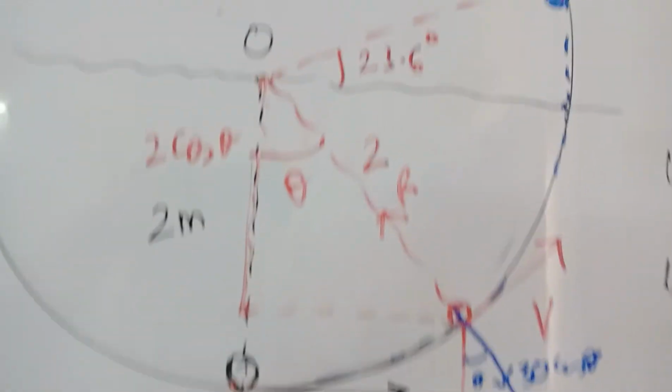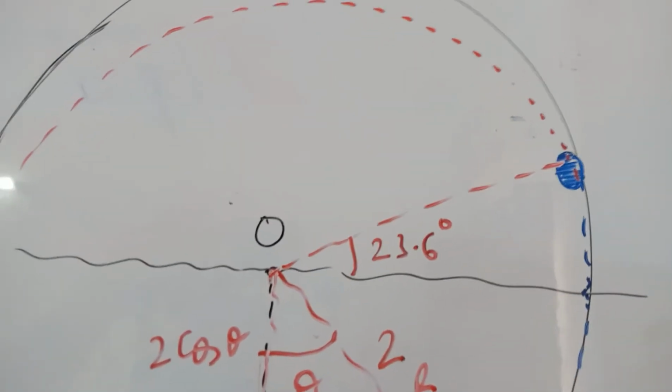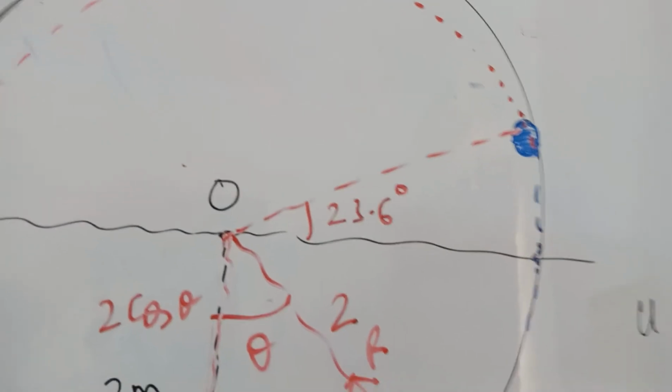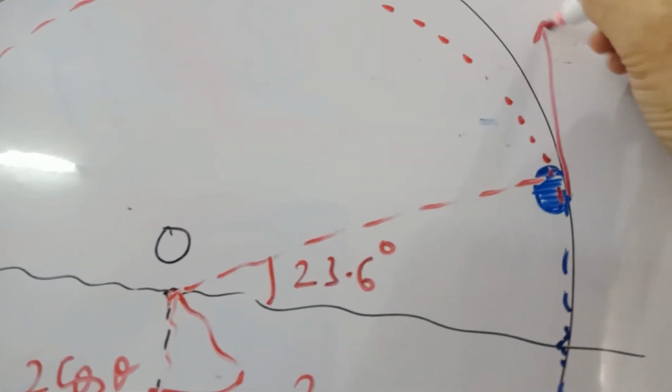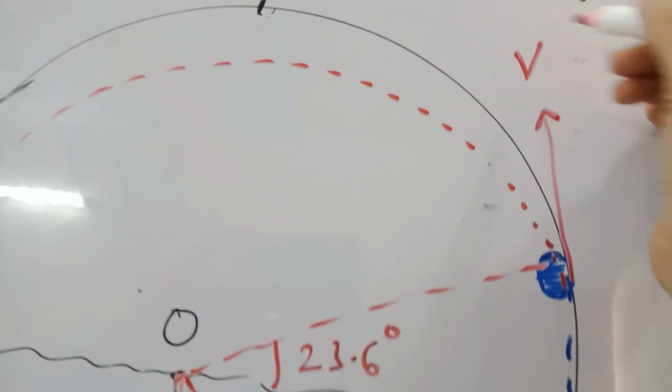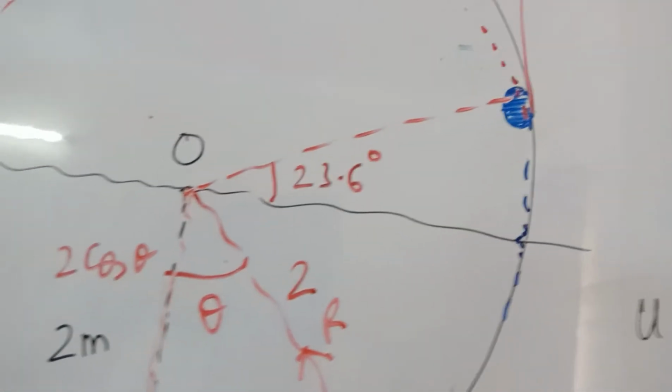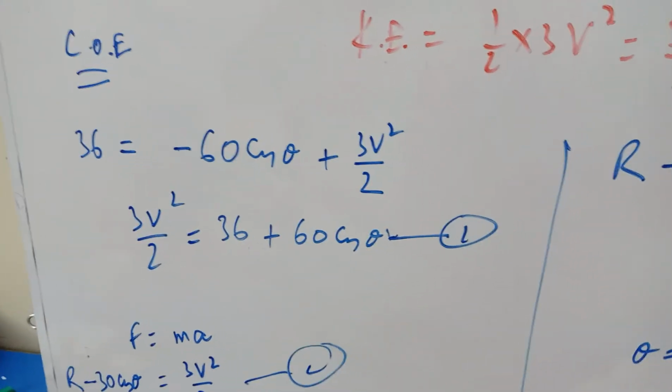So how to do that? Now let's start finding the greatest height. To find that height, I need to know what its speed was at the moment it just lost contact with this circular surface. Okay, so I can use this first equation over here.